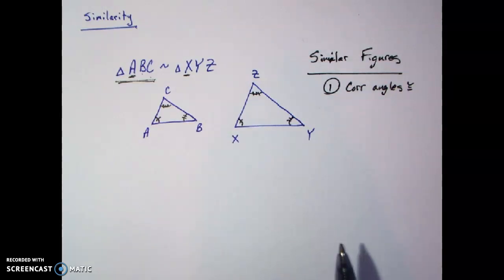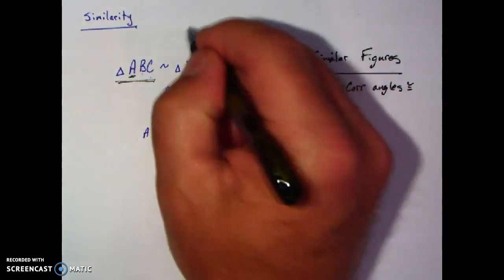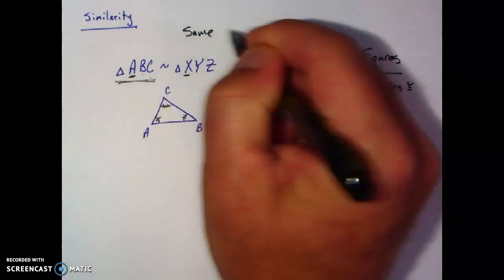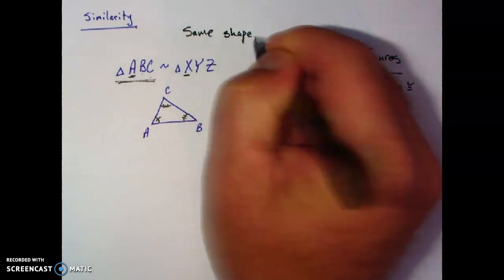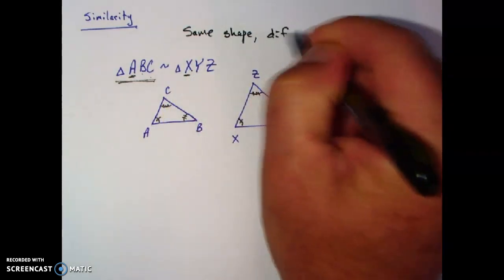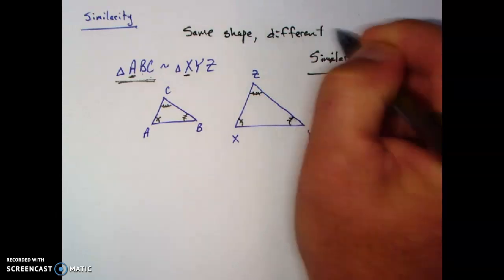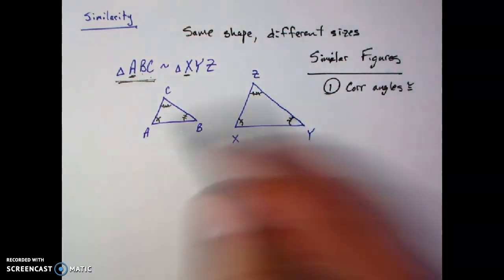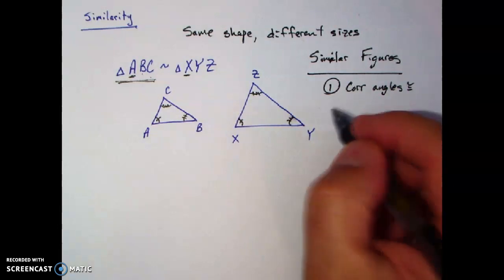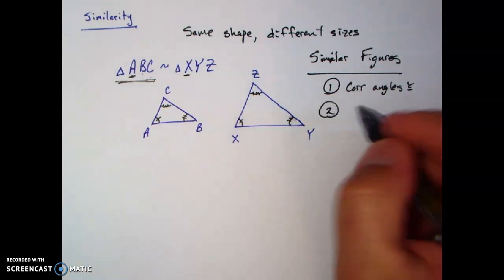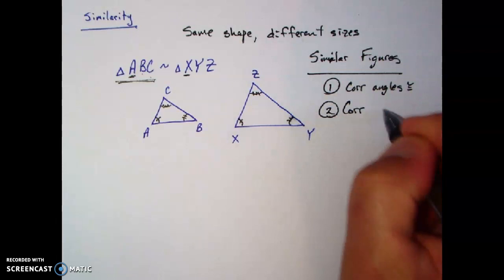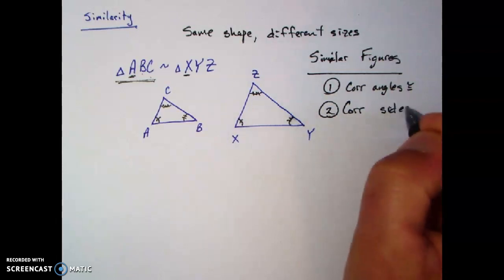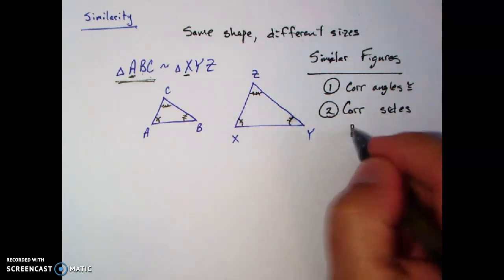Now, where similarity and congruence are different, what we're really saying with similar figures is they're the same shape, but they're different sizes. One thing about those different sizes is that the corresponding sides must be proportional.